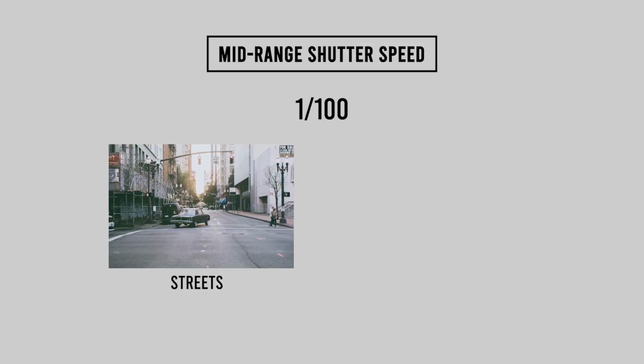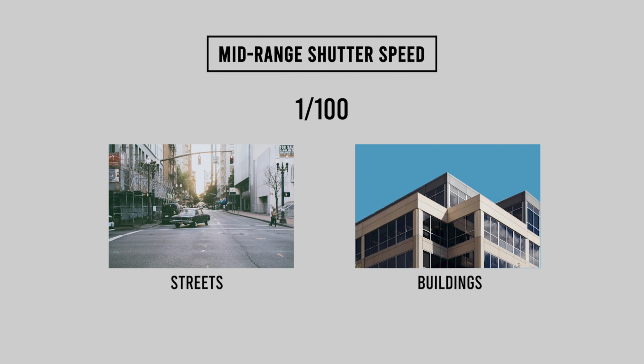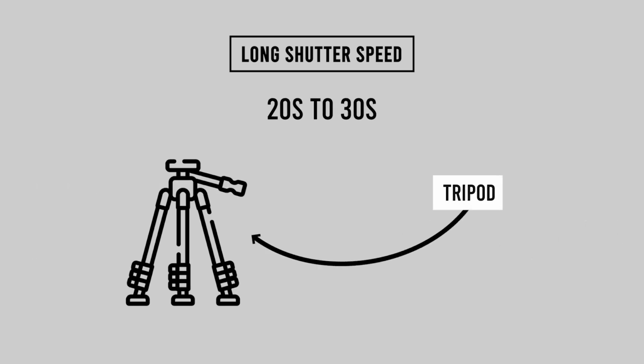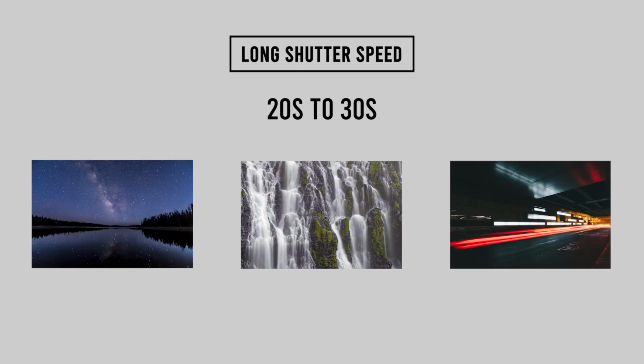In everyday photography, mid-range shutter speeds like 1/100th of a second are fast enough to keep subjects from blurring. Longer shutter speeds like 20 to 30 seconds, placed on a steady tripod, can create stunning photos. Long shutter speeds are perfect when taking pictures of the night sky, flowing water, or light trails from the streets, creating a time warp effect.